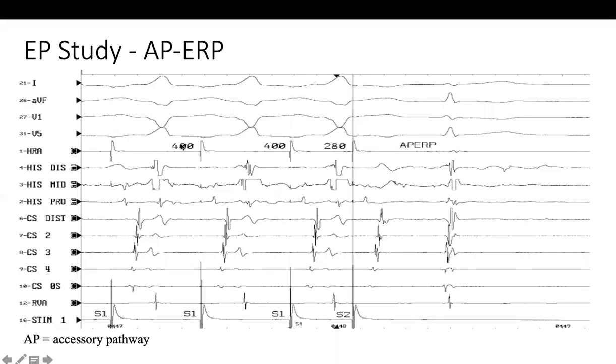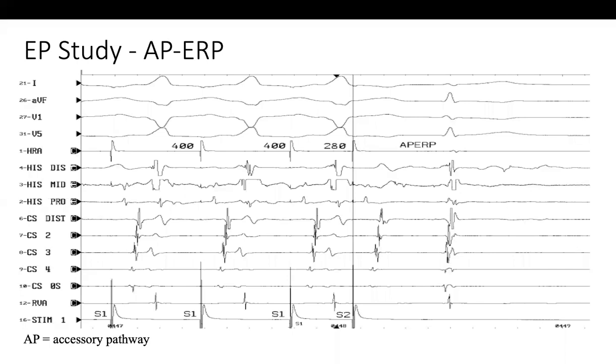Now, if we decrease the S2, we are going to stress the structures that go into the ventricle, which are the AV node and the accessory pathway. Each one has a different effective refractory period, most of the time, not always.